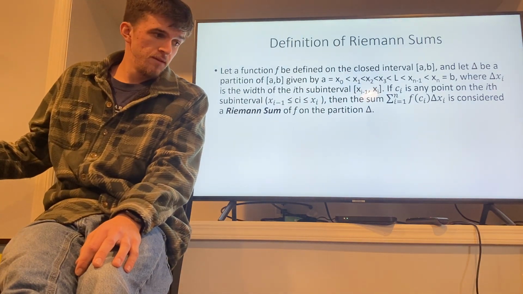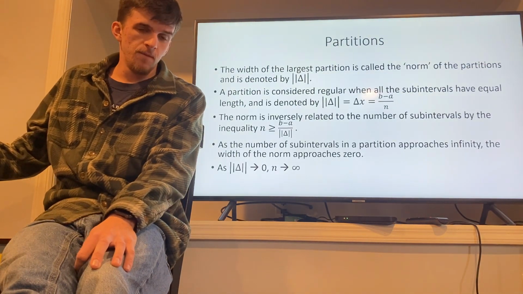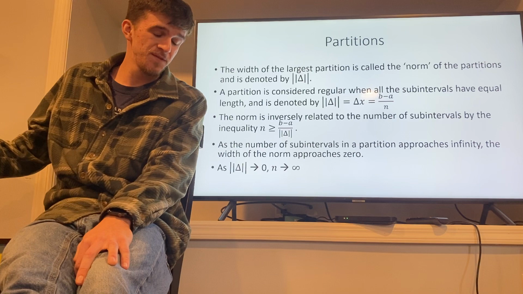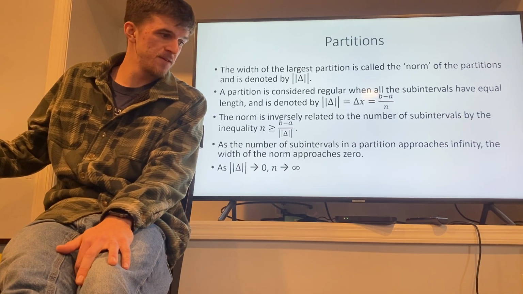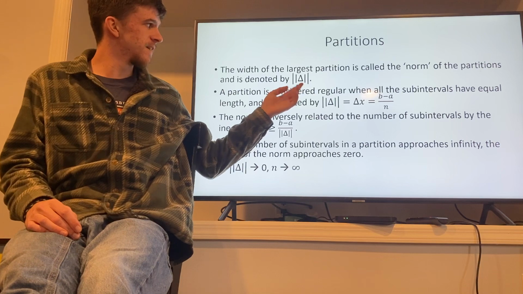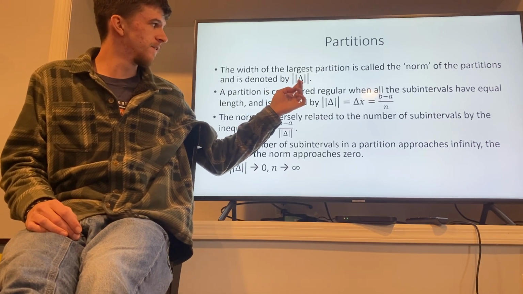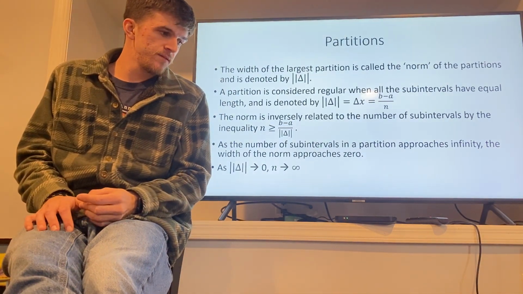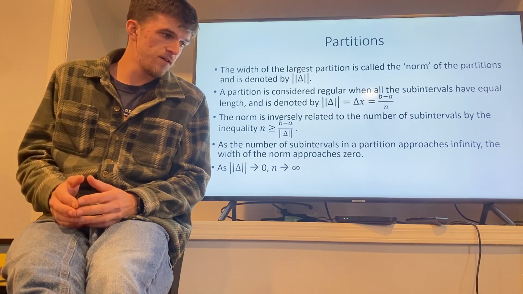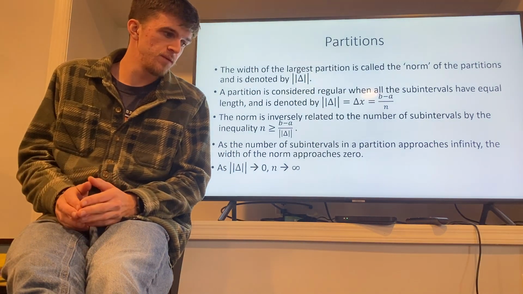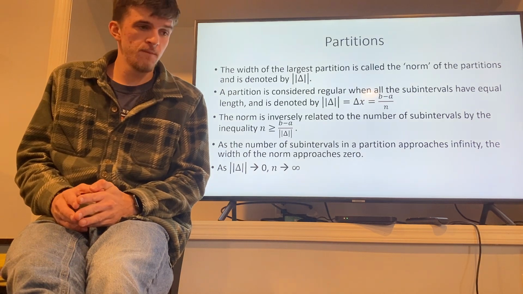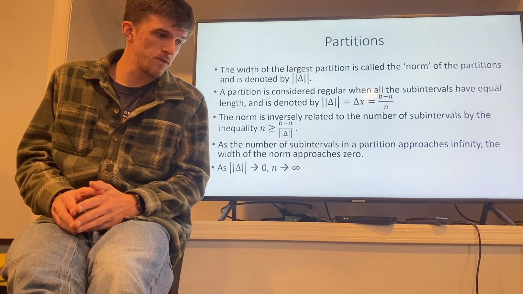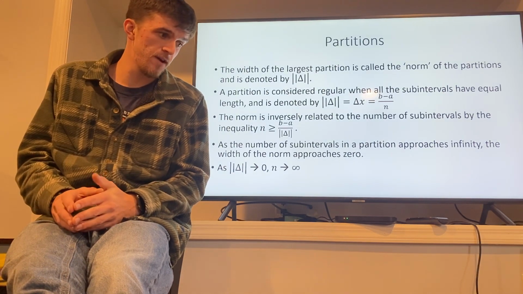It seems confusing. So the width of the largest subinterval in the partition is called the norm, and it's denoted by this fancy symbol right here. It looks like you're taking the absolute value of your delta. A partition is considered regular when all of the subintervals in the partition are of equal length, and the norm equals delta x, which, as we know from earlier in chapter 4, is b minus a over n.